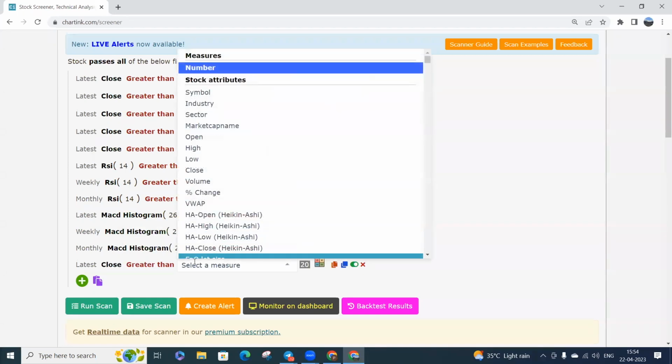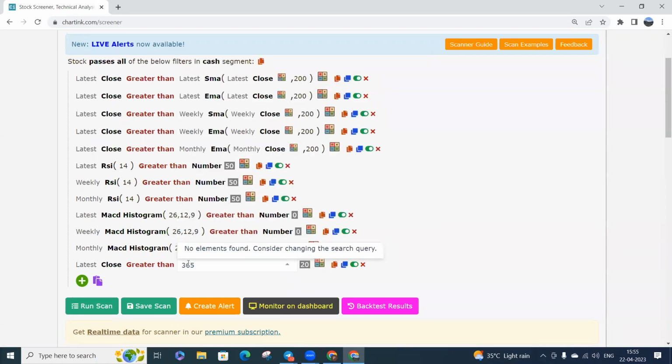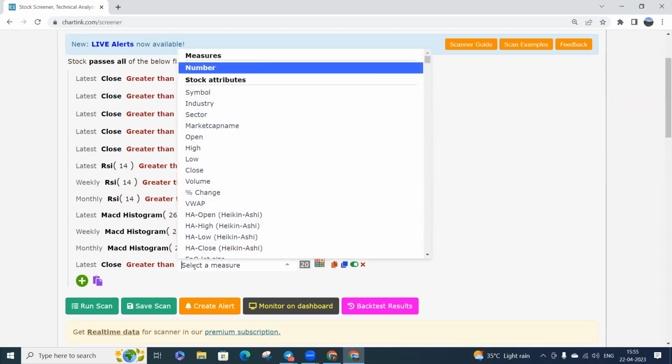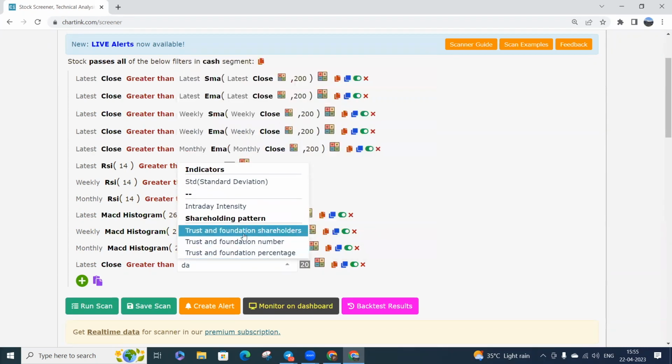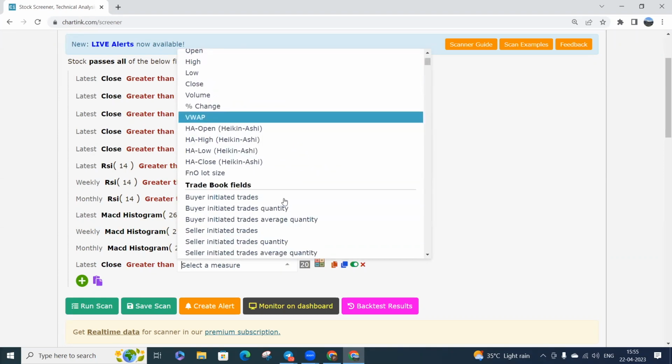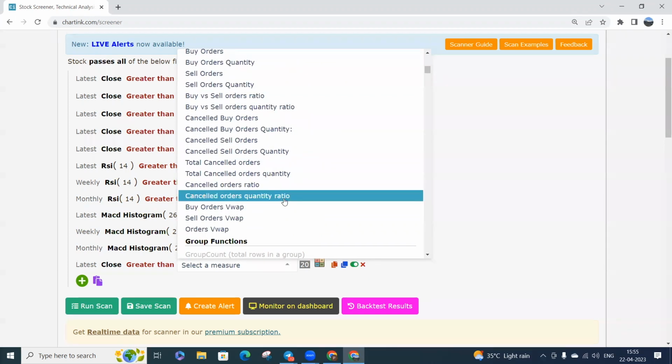Okay, don't worry. So the latest close should be greater than, let it be the 200-day moving average, or it can be 365, or 560 days above, or 1,000 days above. Let's have 365 days above. Maybe max close 365, something like that.